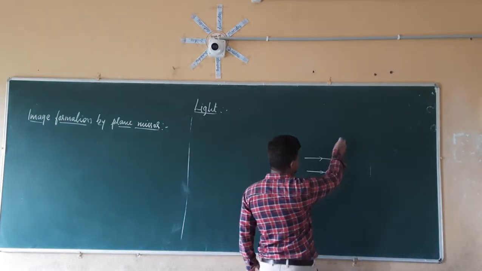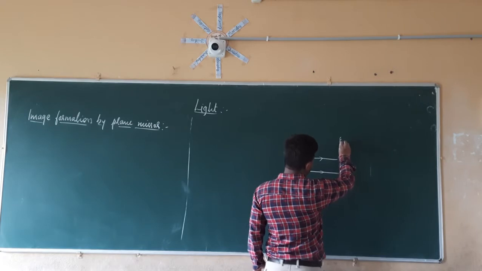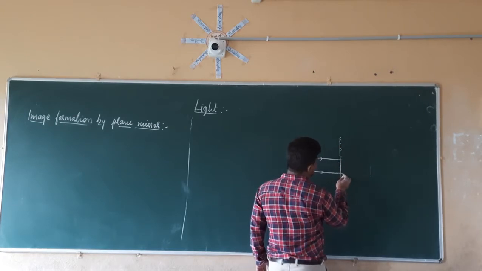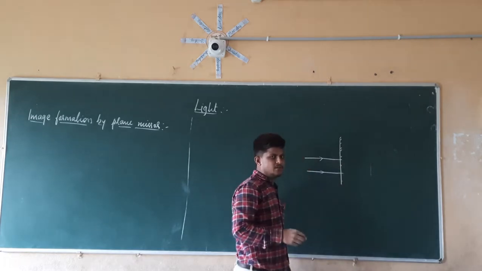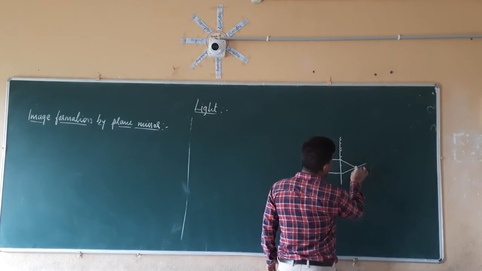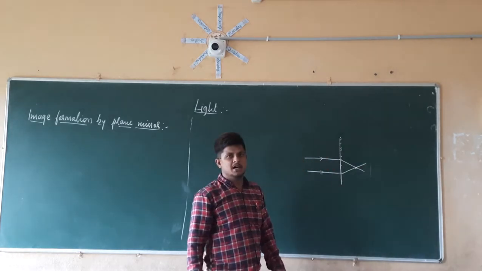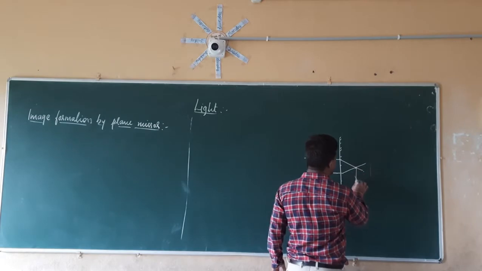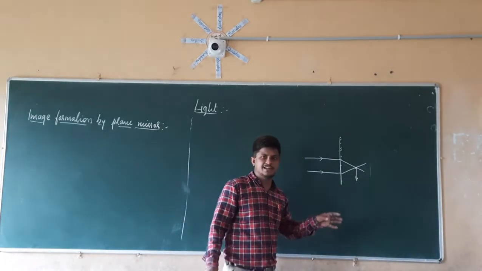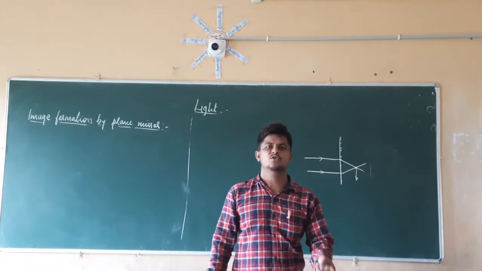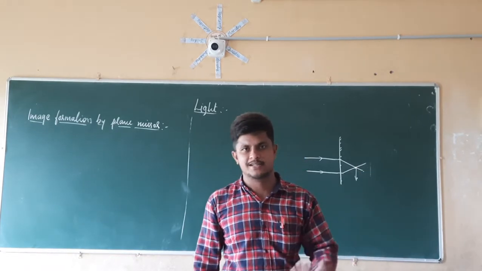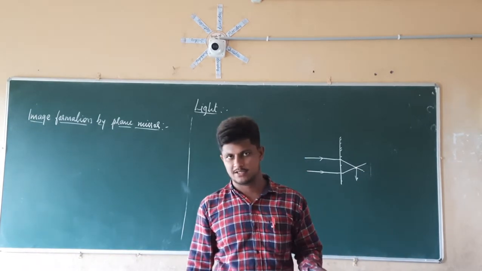So if this is a mirror, and these two light rays are traveling in this direction and reflecting, after some time they should meet. When they meet, at that time of meeting, they are going to form images. So whatever light rays are traveling from one point to another point, they should intersect. When they intersect, they are going to form an image. If they are not intersecting, they are not going to form any images.